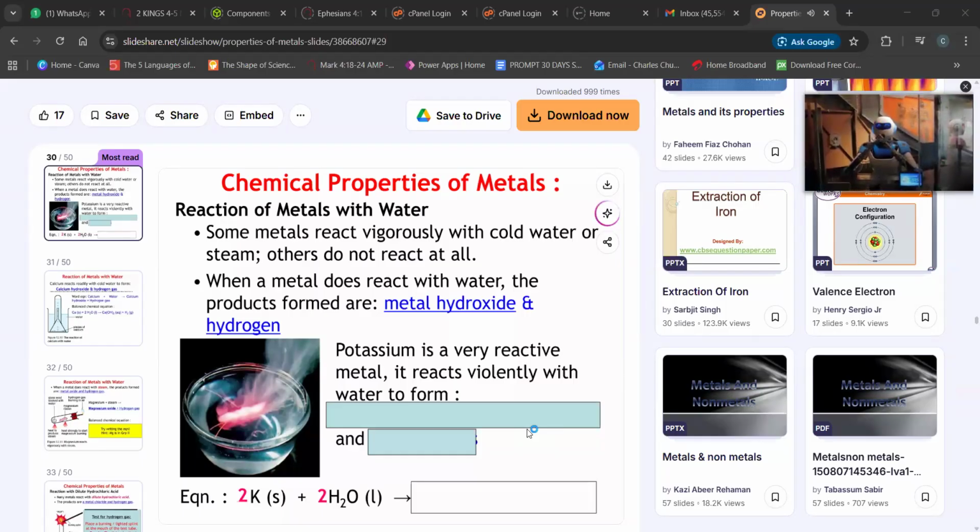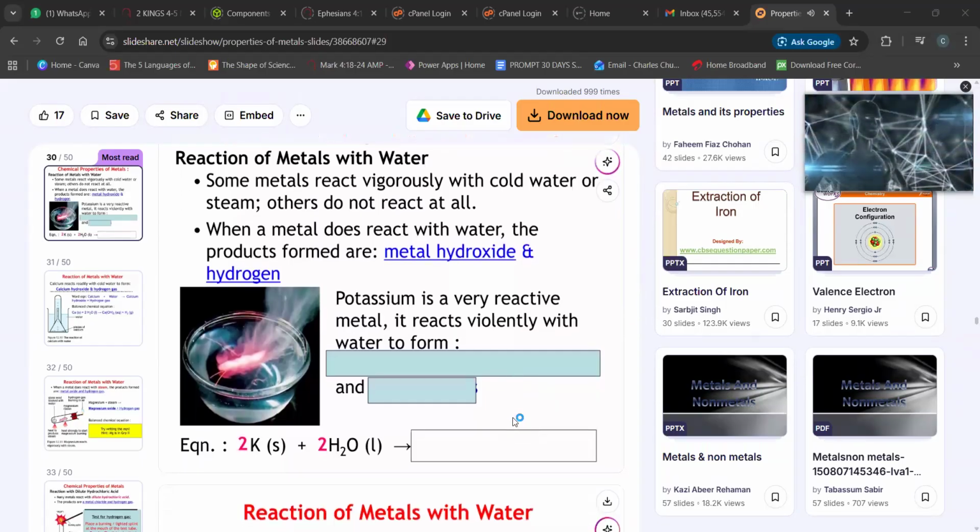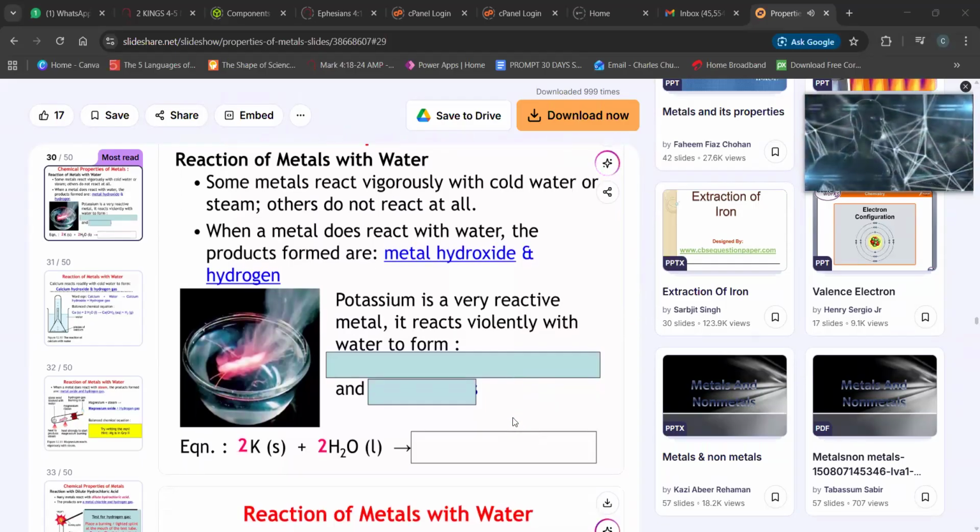Now, I usually like to show the way the reaction will look, in a chemical format.